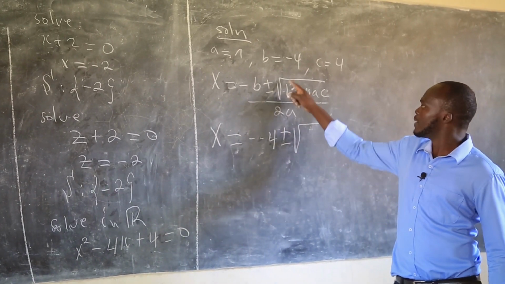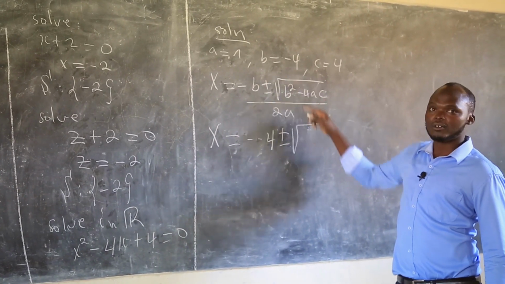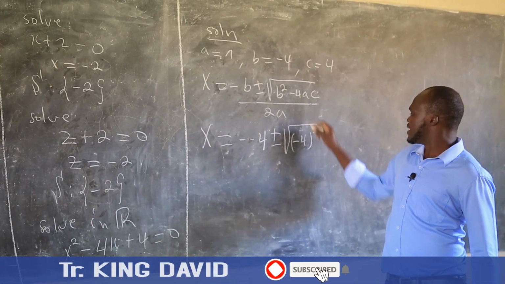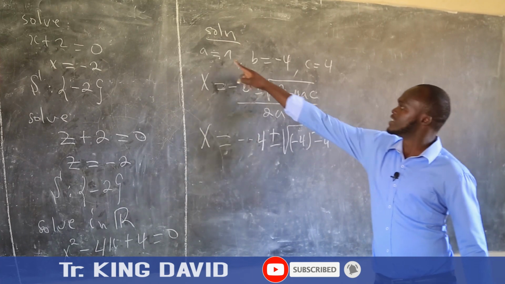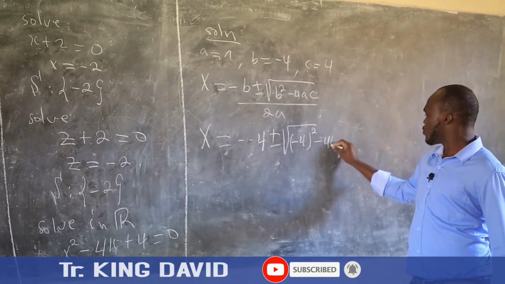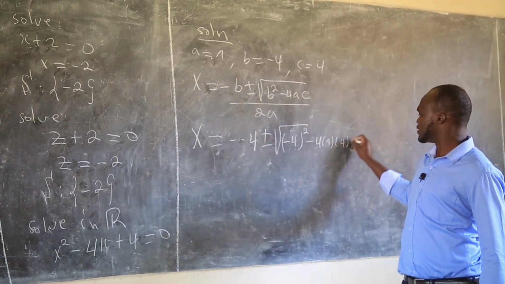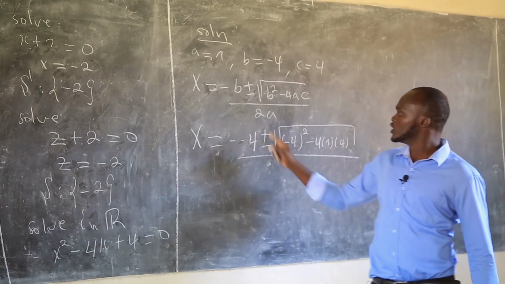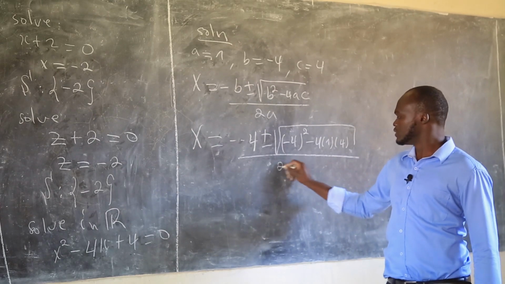So now our x will be equal to negative b, b is negative 4, plus or minus the square root of b squared. Our b is negative 4, that's negative 4 squared, minus 4ac. Our a is 1, our c is 4, so 1 times 4. Divided by 2a, 2 times 1.